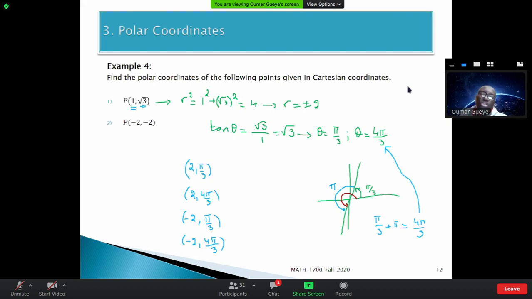Okay, so we have 4 possibilities from these two solutions. We have 2 values for r, 2 and -2, and 2 values for theta.